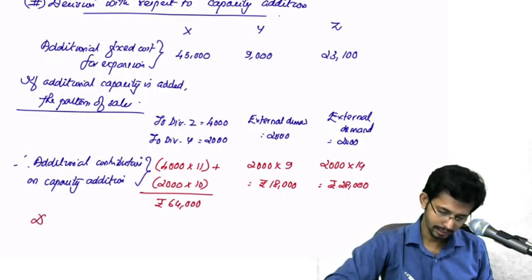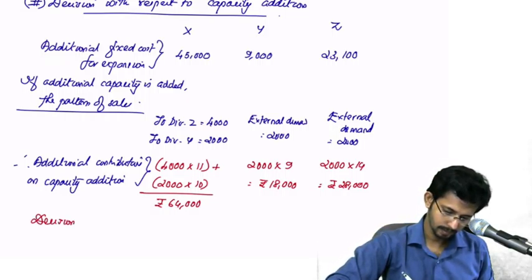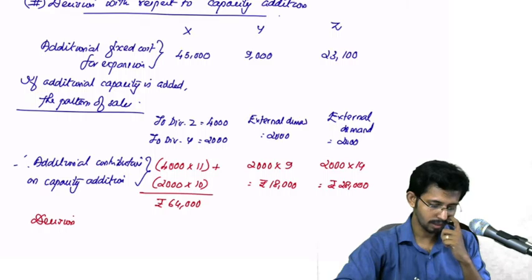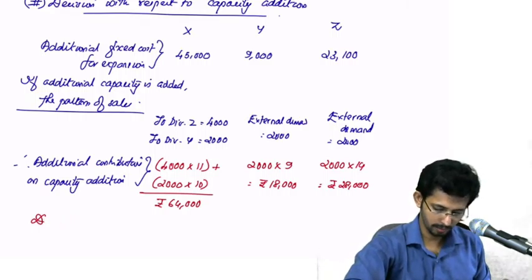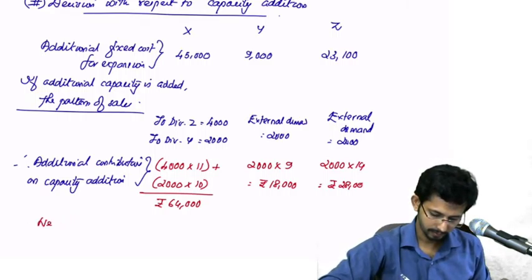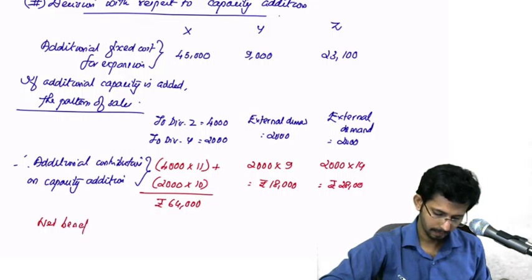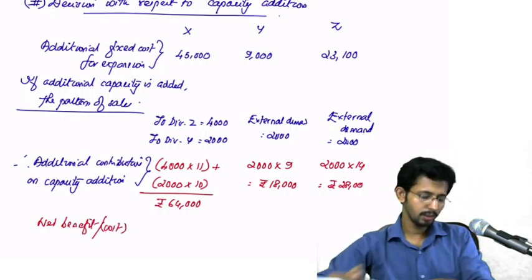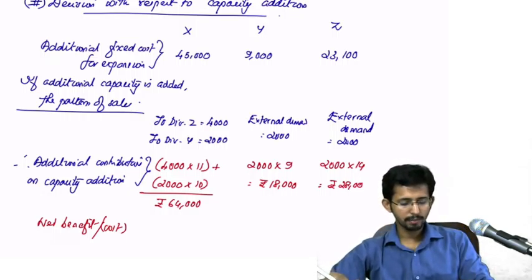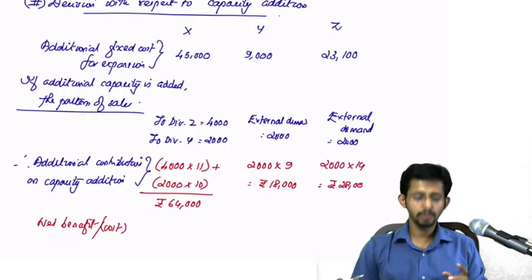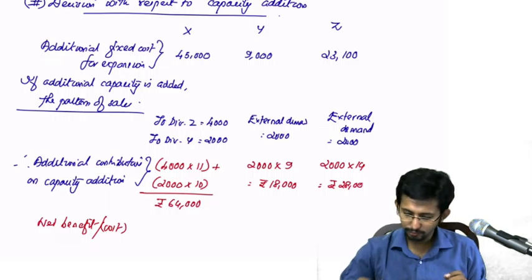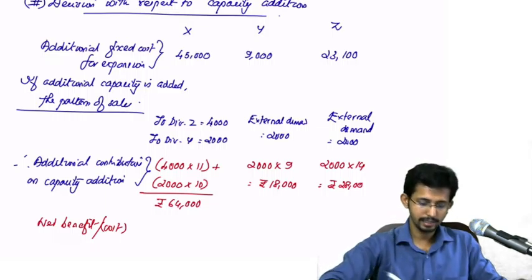So what is the decision? What is the additional cost? Or let us take it as one more column, net benefit or cost. In the first case, your cost is 45,000 but benefit is 64,000. So what is your net benefit? Net benefit is 64 minus 45, that is 19,000.